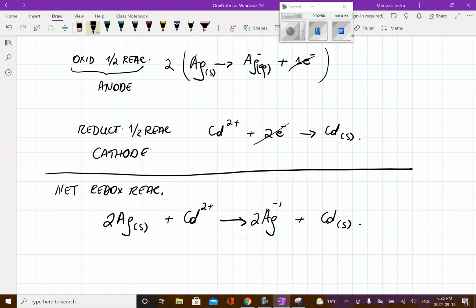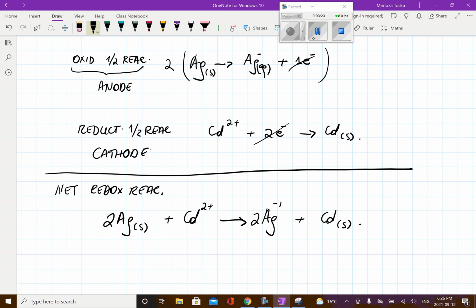Okay, this is a spontaneous reaction because when we take a look at our table, we see that Ag, the reaction that is happening here, is above the Cd. Okay, so it's a spontaneous reaction.